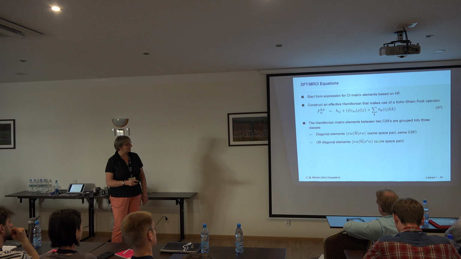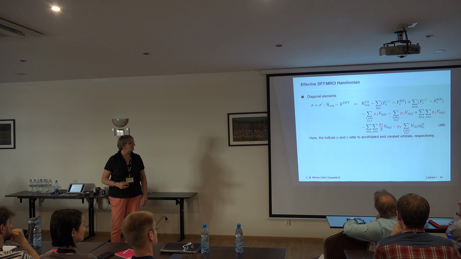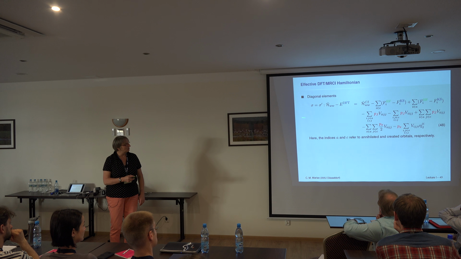And we have off-diagonal elements which differ both in spin and spatial parts. And the details of this Hamiltonian are not very important, so you don't have to pay attention to that. Just pay attention to these red factors.